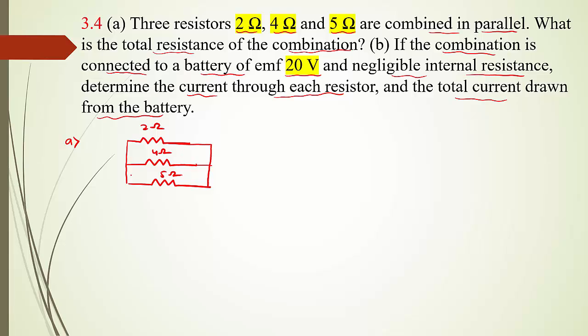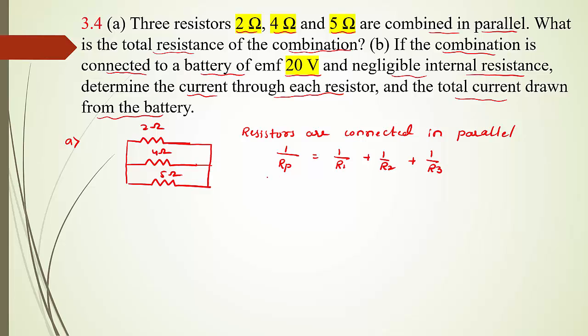Then we have to find the total resistance of the combination. What is the formula? We know that when the resistors are connected in parallel, we have the equation 1 by Rp is equal to 1 by R1 plus 1 by R2 plus 1 by R3.